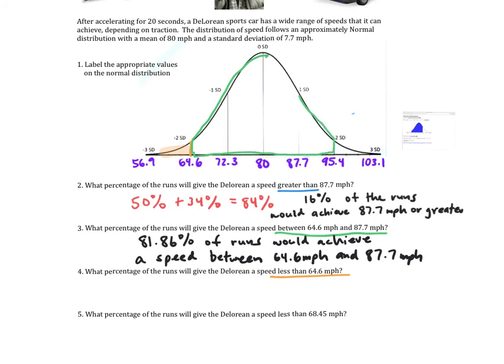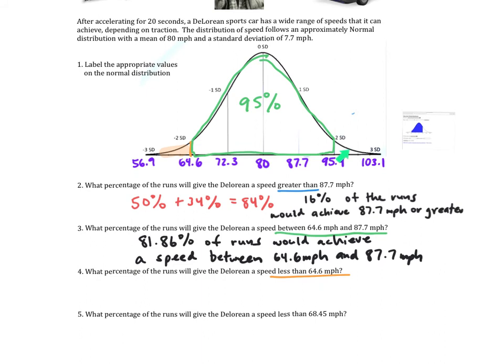We know that this area here is 95%. And so the total area of the whole curve should be 100%. So that means the part that's not enclosed in the green adds up to 5%.